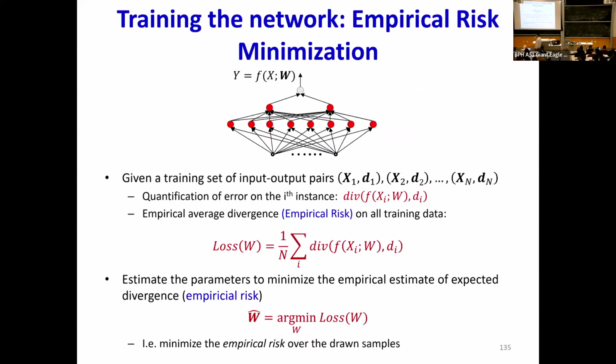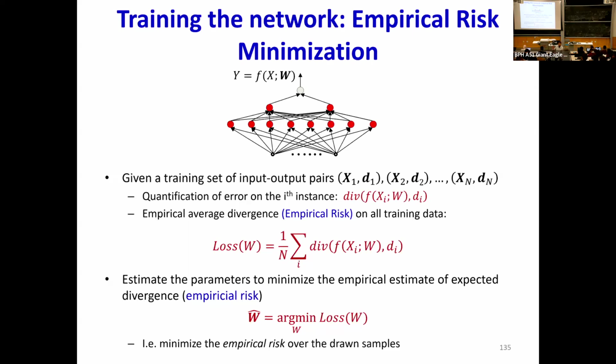And so this is what we will actually be minimizing. This is what we call our loss. Our loss is the empirical estimate of the expected divergence between the output of the network and the desired output of the network. It's our empirical risk. For a given collection of inputs, X is given.